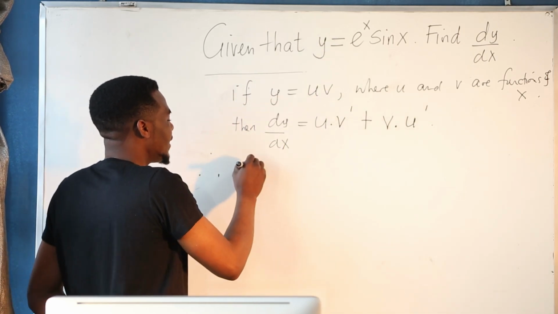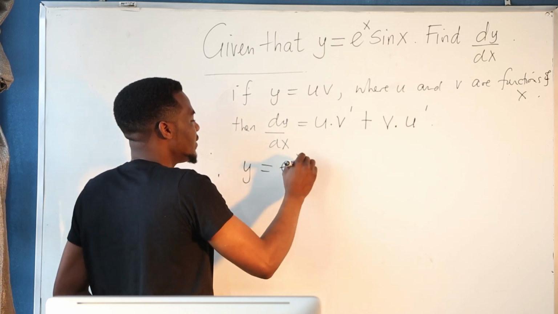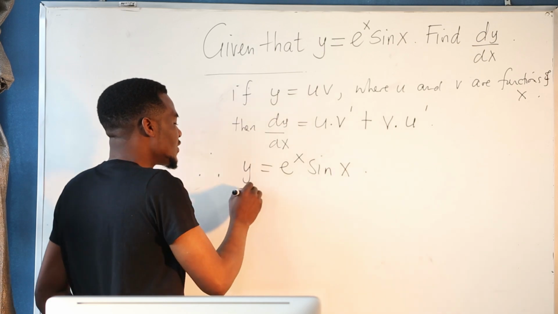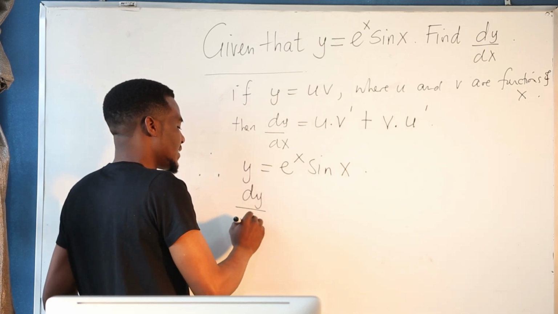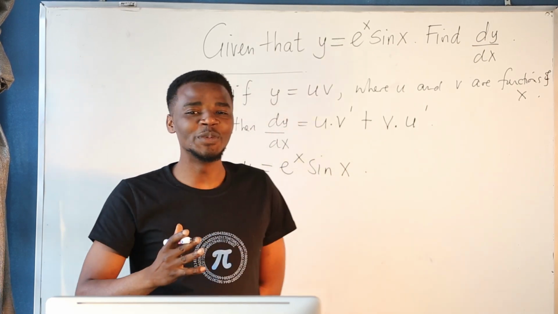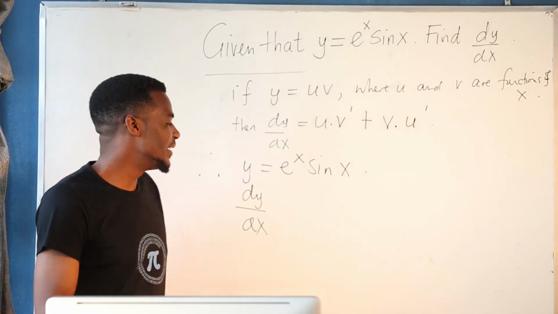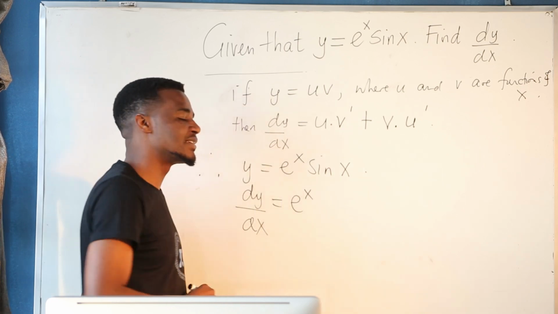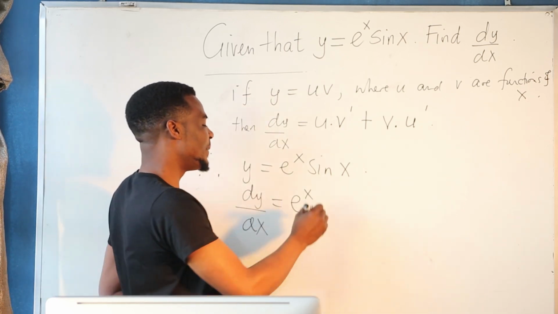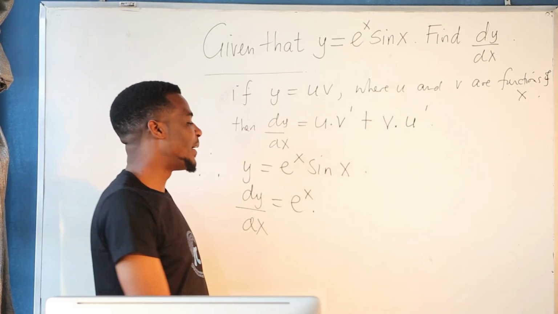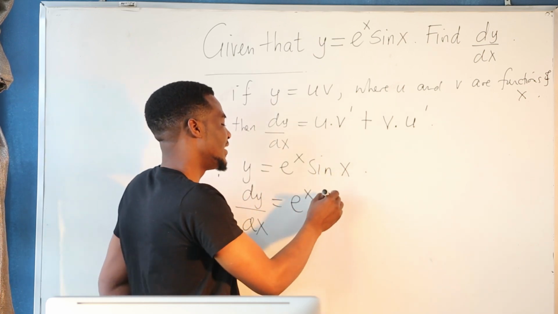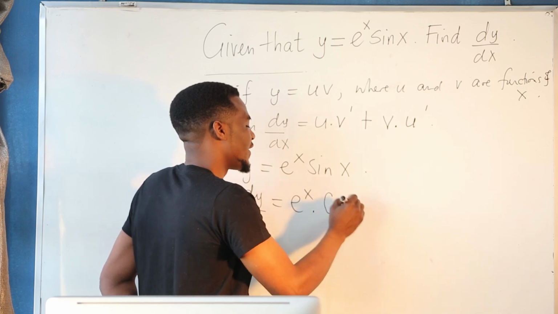Therefore, given that y is equivalent to e to the power of x sine of x, to find dy/dx, we need to keep the first function, which is e to the power of x. And then we multiply by the derivative of the second function, and the derivative of sine x is cosine of x.